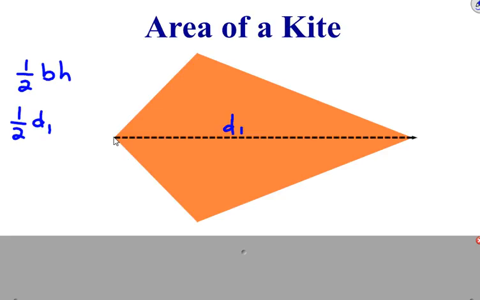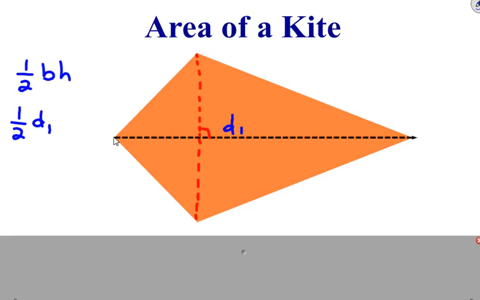Now the height of this triangle is right there. Because we study triangles, though, we know that if we continued that dotted line all the way through, that would be the second diagonal of the kite, right? But the height of the top triangle is only half of that second diagonal.